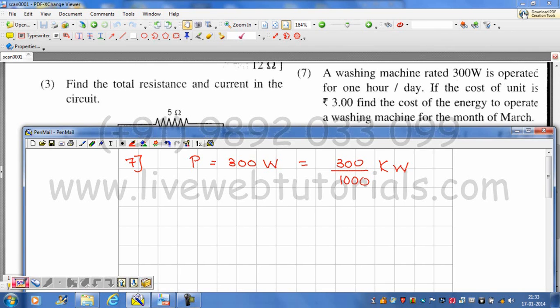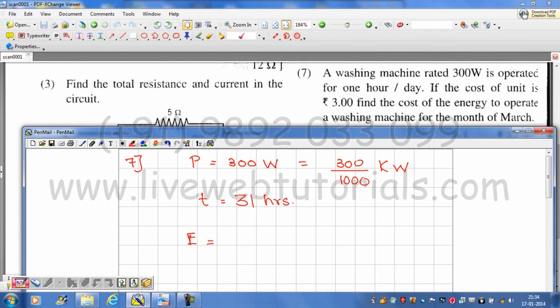Alright, now it is used for 1 hour per day, and you are in the month of March. So month of March is having 31 days. So 1 hour per day it is used, it means it is used for 31 hours. Okay, so the time for which this is used is 31 hours. Alright, the electrical energy units will always be calculated in kilowatt hour.